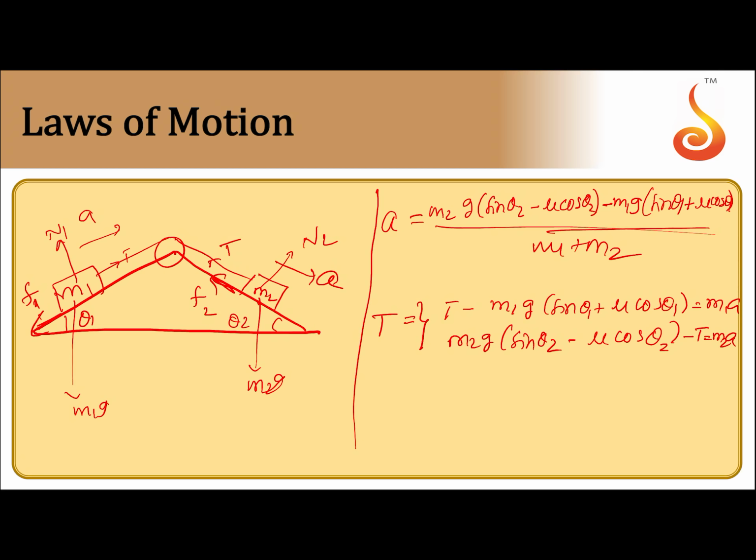Alright. So, learn how to play with these systems of connected objects, string mass systems, etc. With this concept, we come to the end of the discussion of this particular chapter, which is one of the very important chapters. The key ideas are very simple.